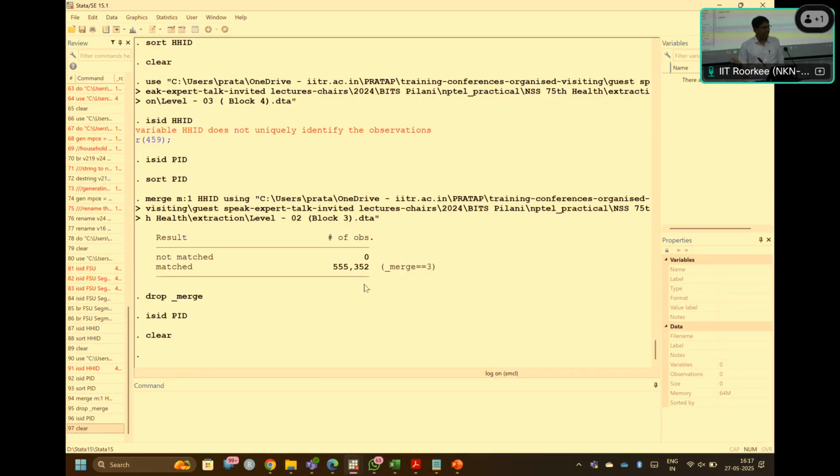We have to again check with isid for their unique variables. Then I think the rest of the things follow the same process which I have just mentioned. Good that you asked. Actually, in some of the rounds we require a reset. Is it fine? So let's proceed further.